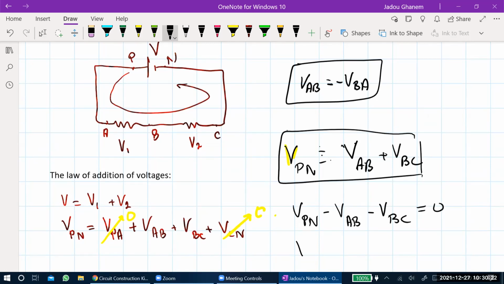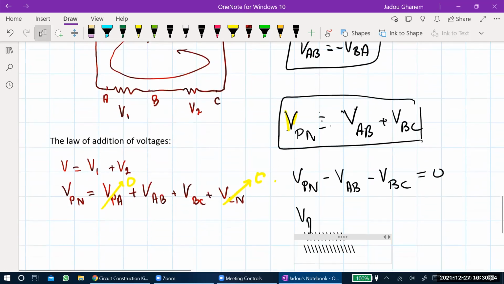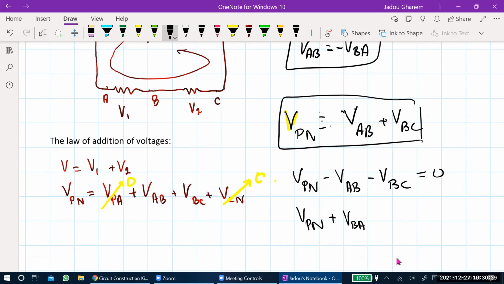Okay, so VPN is going to stay the same here, plus VBA plus VCB equals 0.